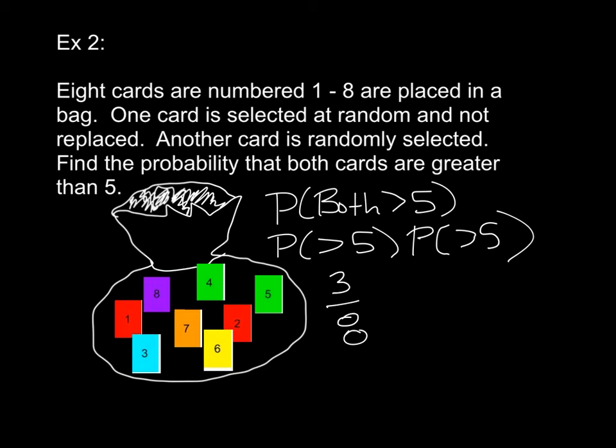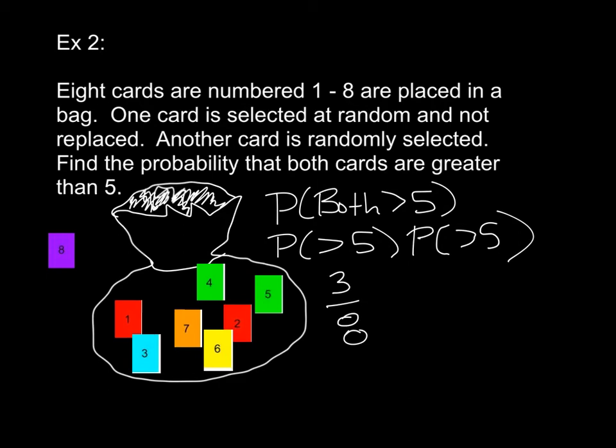Now let's pull that card out. So let's just pull any one of those. We're not going to put that card back in. Now we're going to reach in and pick another card. And when we look at what we've got, only 1, 2 cards are now left in the bag that are greater than 5.